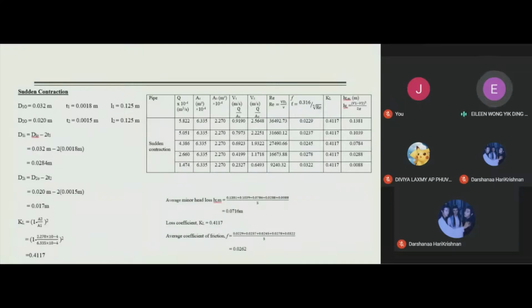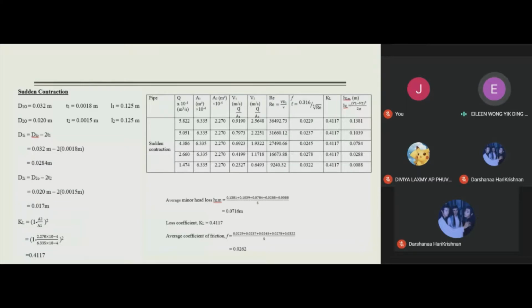Same with the sudden enlargement. For the sudden contraction, the first outer diameter is 0.032 meter. The second outer diameter is 0.02 meter.